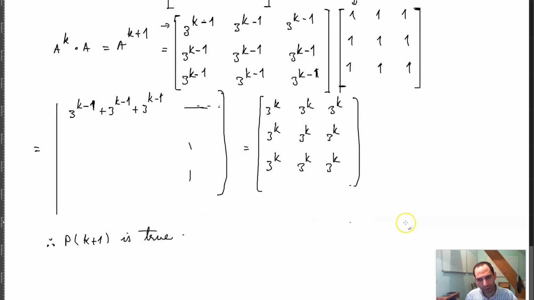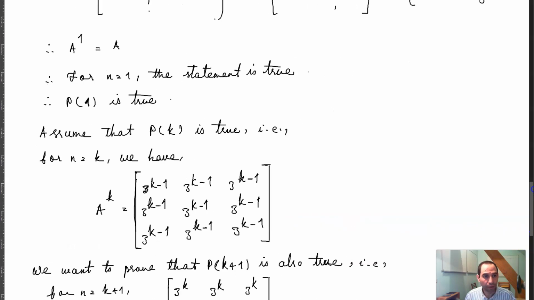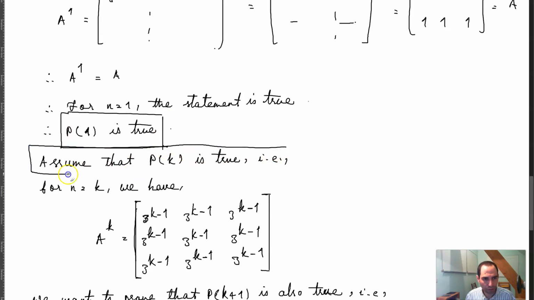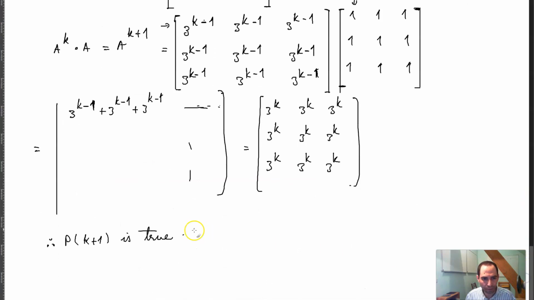Now what we have done is that we have shown that P of 1 is true. Then we have assumed that P of k is true. Then we have shown that P of k plus 1 is true.